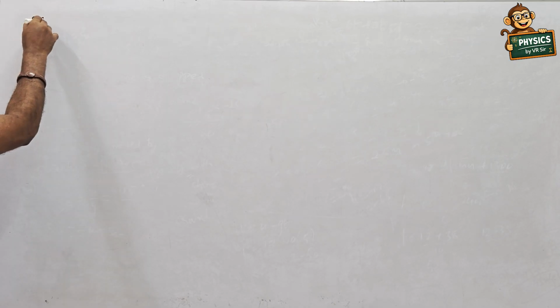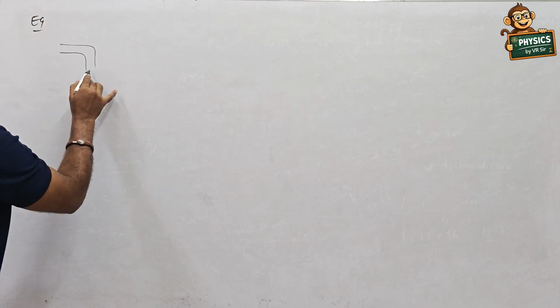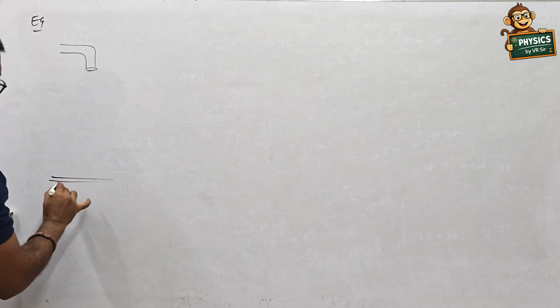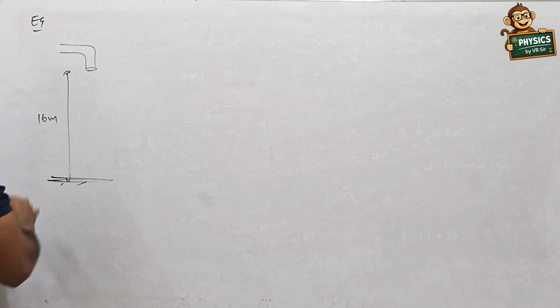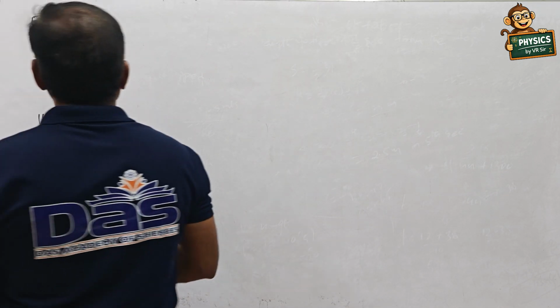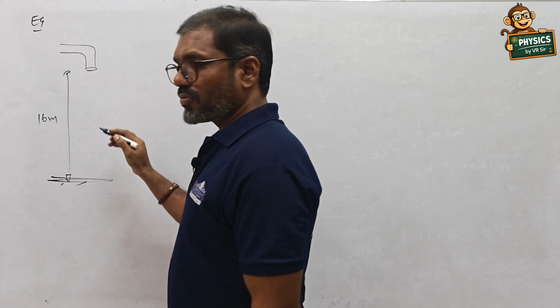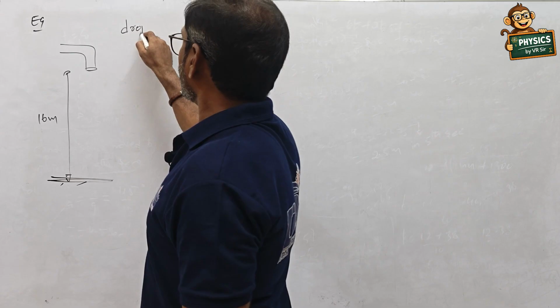Now next example. Here is a tap, the opening of which is at a height of 16 meters from the ground. The drops are falling at regular intervals of time.